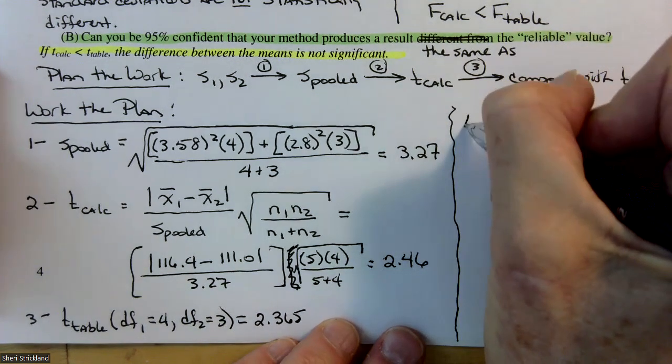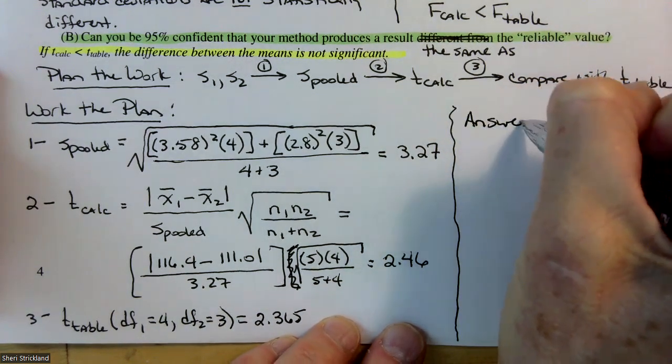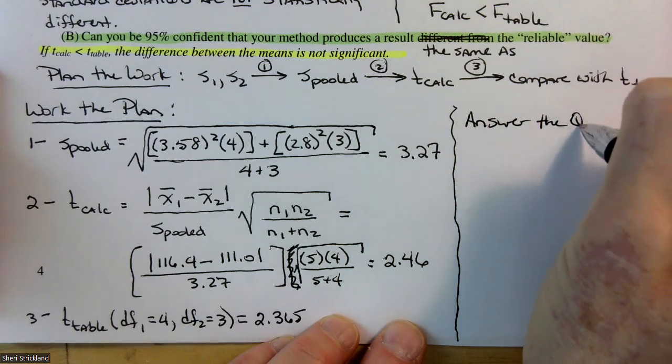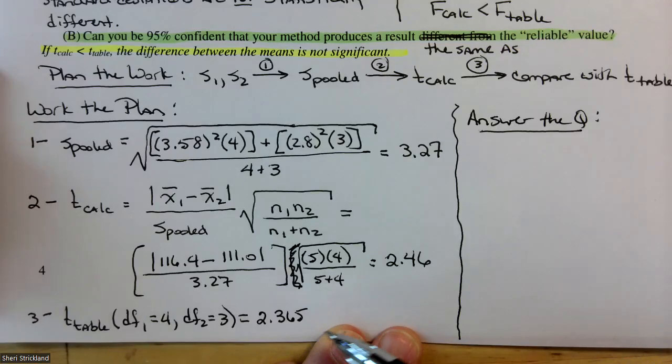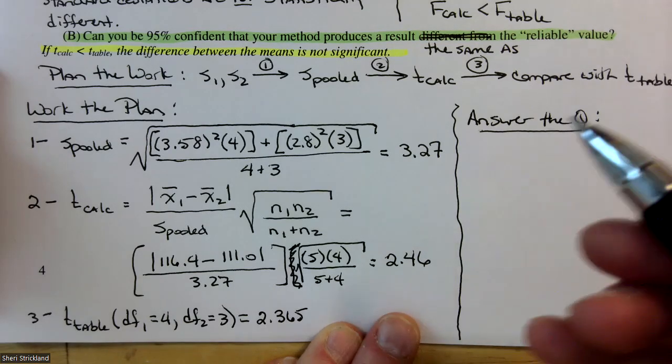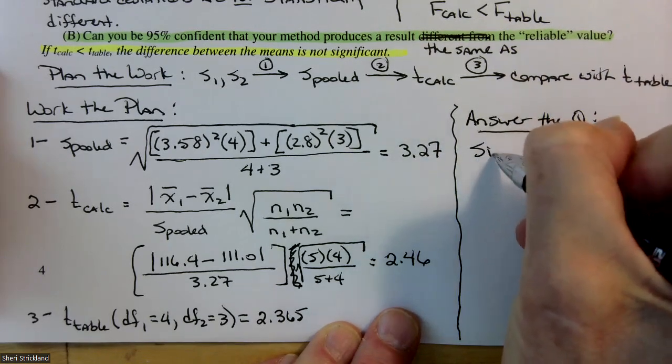All right, welcome back. So when I compared the table value with the calculated value, I can see that my calculated value is bigger.